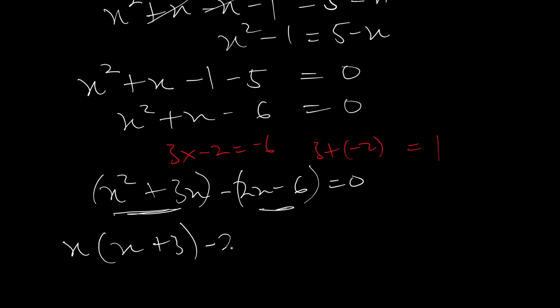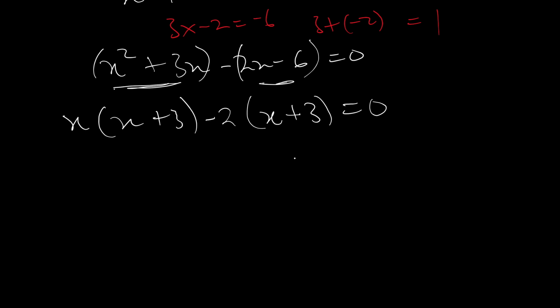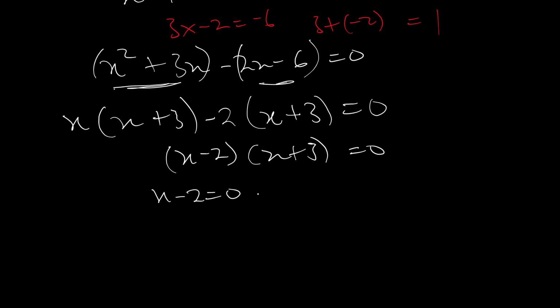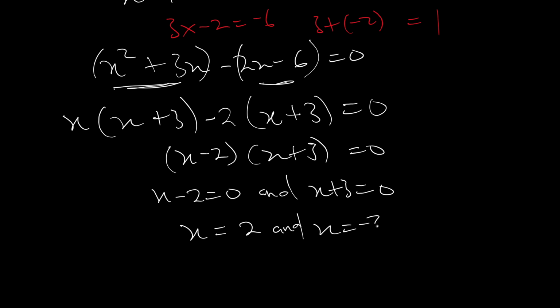So we get 2 multiplying x plus 3 is equal to 0. So we have x minus 2, x plus 3 is equal to 0. So x minus 2 is equal to 0, and x plus 3 is equal to 0. So x will be equal to 2, and x will be equal to minus 3.